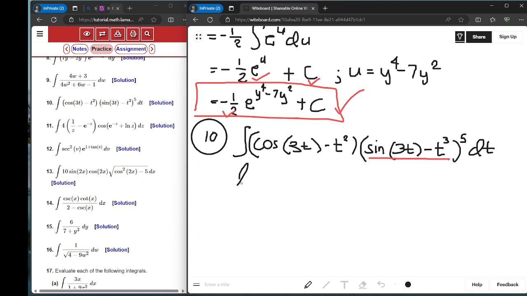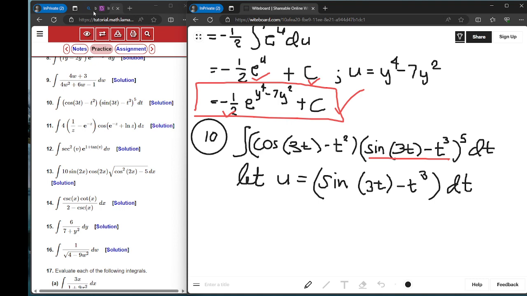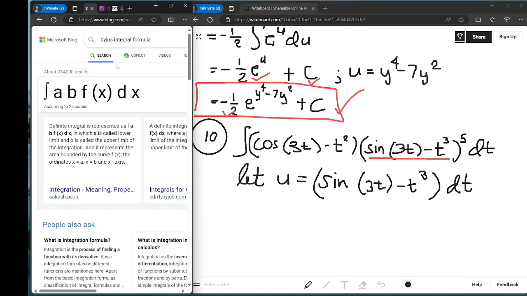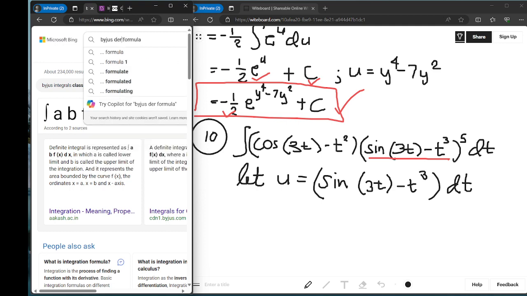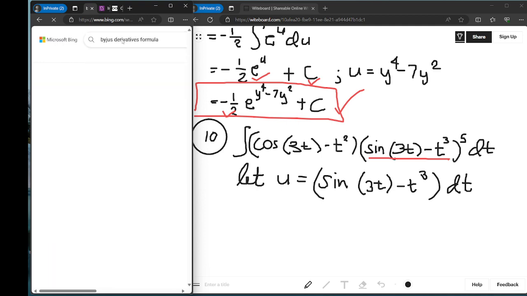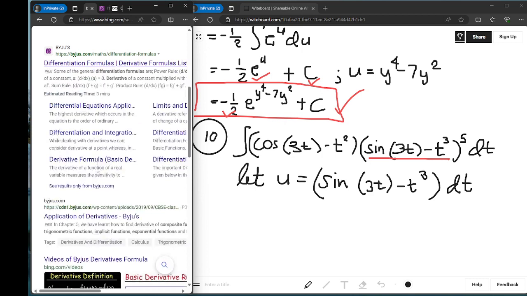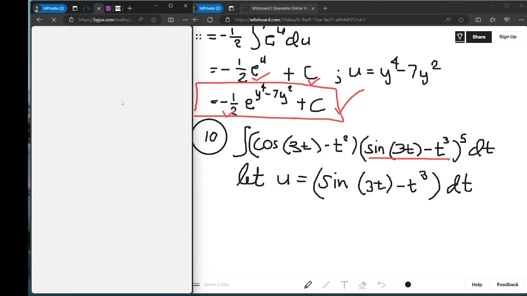If our u is sine of 3t minus t cubed dt, what is the derivative of sine? Let's check the table of derivatives, the differentiation formulas.